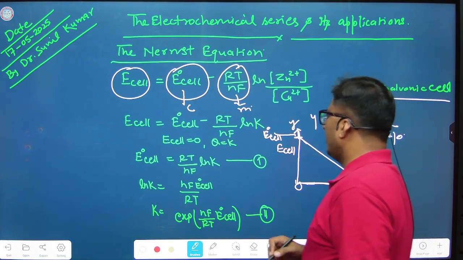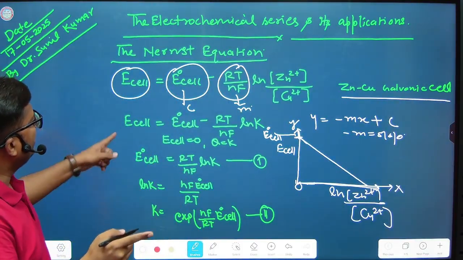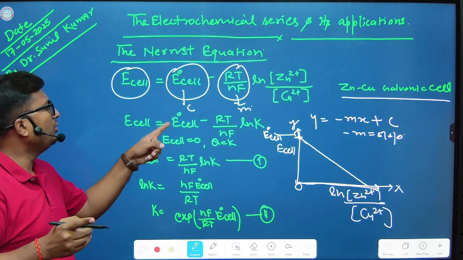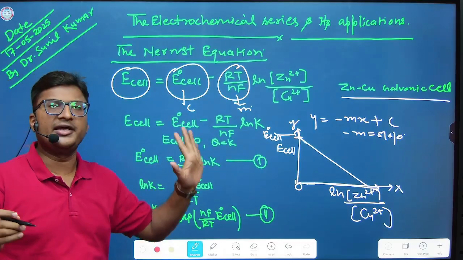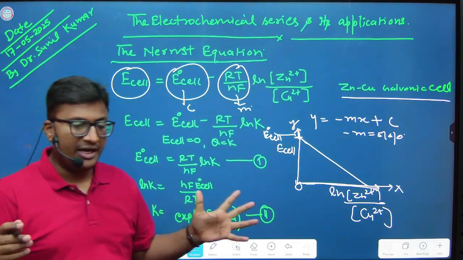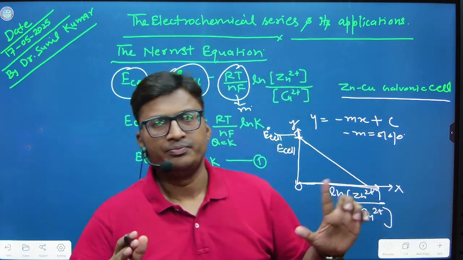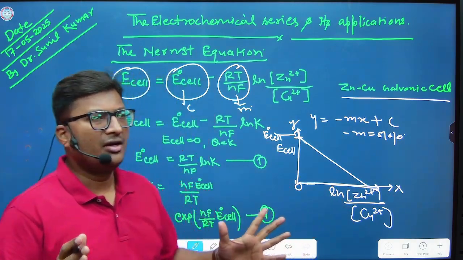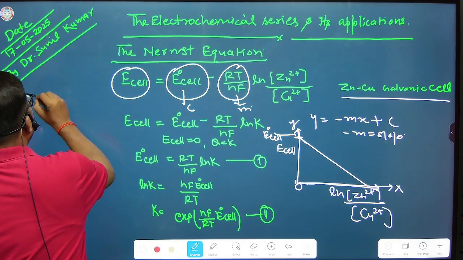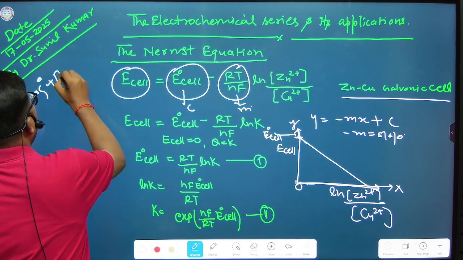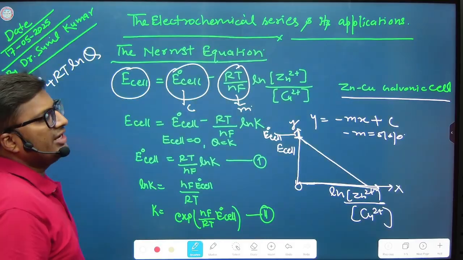Clear? Now, as you know from the previous lecture, E cell equals E naught cell minus RT upon nF ln K, where K is the equilibrium constant. In the previous lecture you saw delta G equals delta G naught plus RT ln Q, where Q is the reaction quotient.